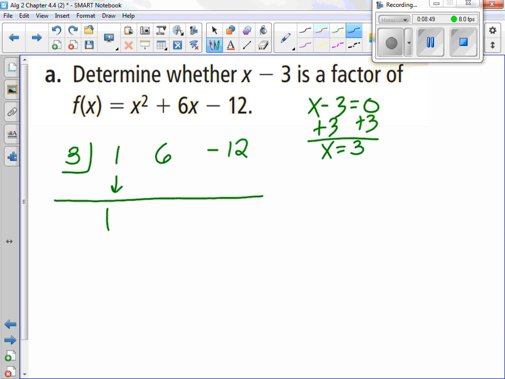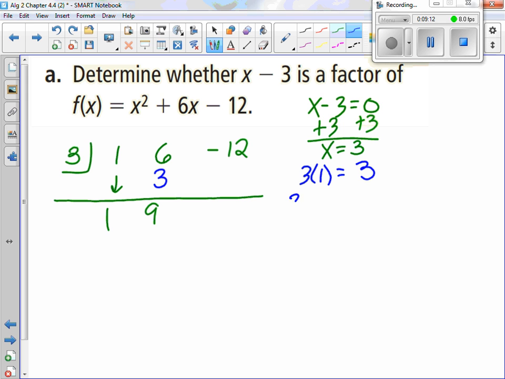Any questions on this here so far? So we'll do our multiplication, 3 times 1, which would give us 3. 3 plus 6 gives us 9. I was getting ahead of myself.